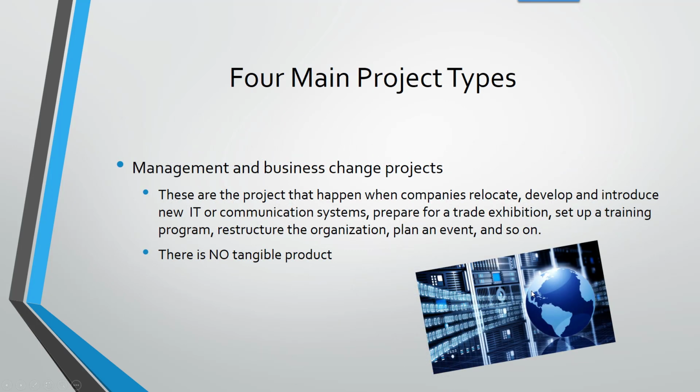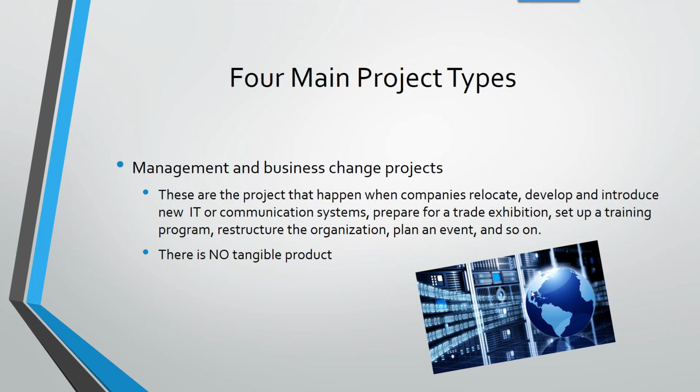The third is management and business change projects. These are projects that happen when companies relocate, develop or introduce new IT or communication systems, prepare for trade exhibits, set up a training program or structure organization, plan an event, and on and on and on. So these are things that happen within a business and the management of the business, right?